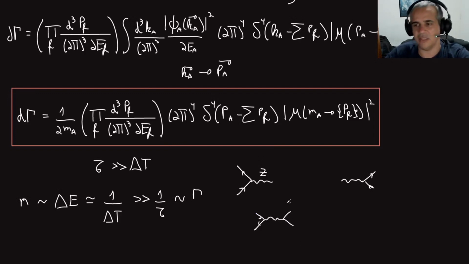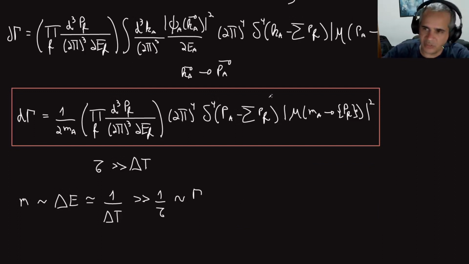And of course, I didn't explain Feynman diagrams yet, but this is completely different from this. Here, I'm assuming this particle became a real particle. It got on shell, and afterwards it decayed. In this case, it was never on shell. And actually these two calculations are different, and we'll see about that. We can go from this to this doing the narrow width approximation, which means that the particle must be long-lived.